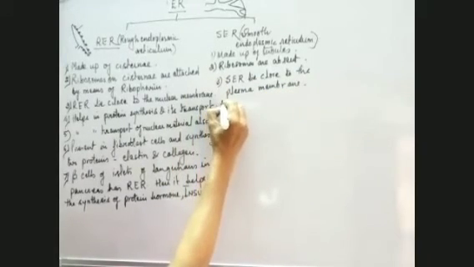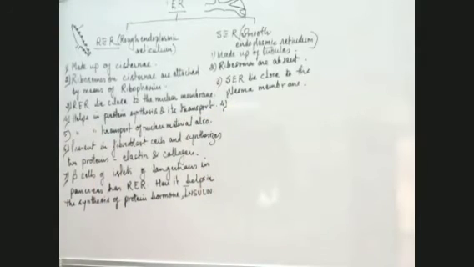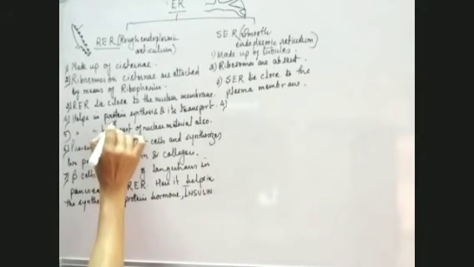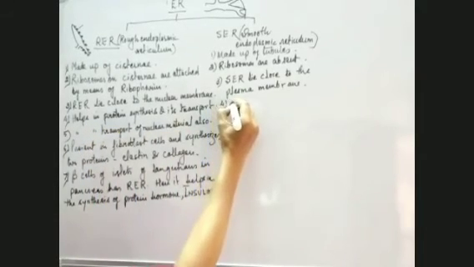We come to the fourth point. Rough ER helps in protein synthesis and its transport because it has ribosomes. But in SER there are no ribosomes, so it helps in lipid synthesis and its transport.